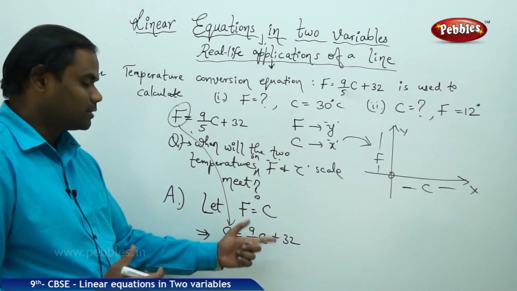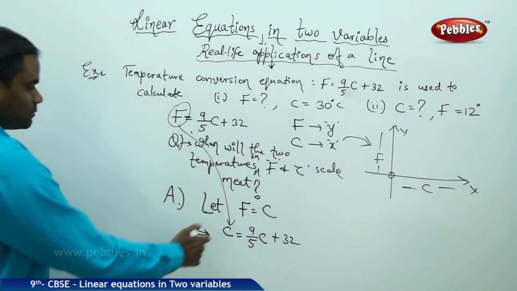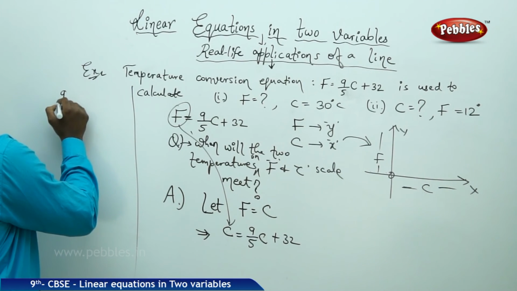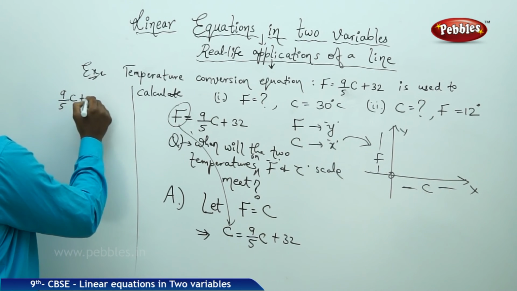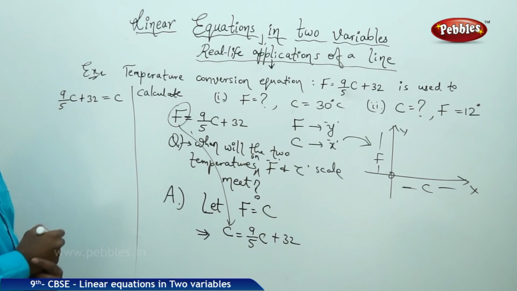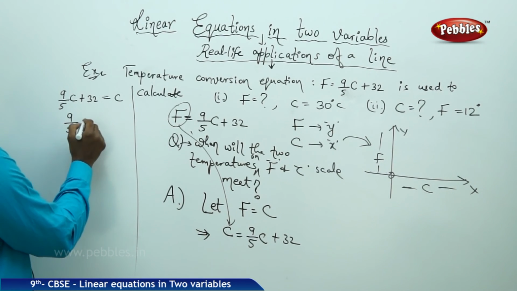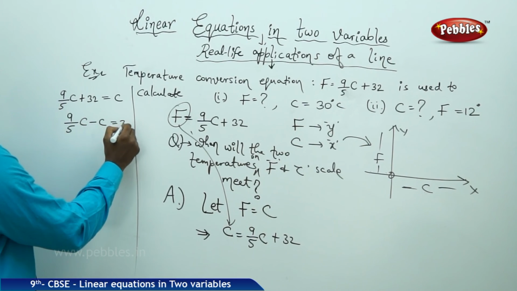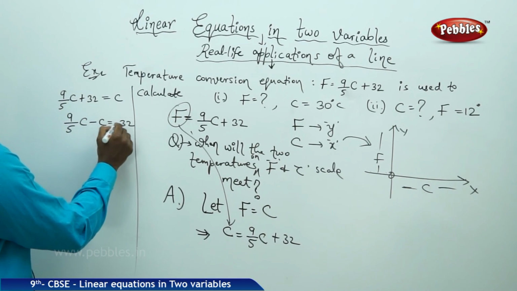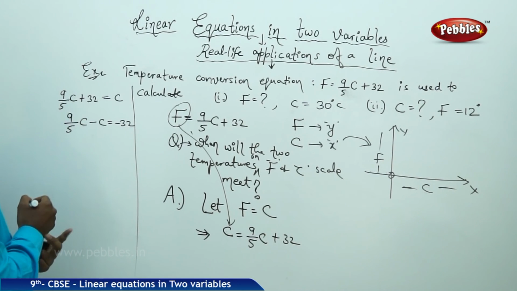Now let's find the value of c by taking all c terms to the left. So here I get 9 by 5 times c plus 32 is equal to c, which on further simplification gives 9 by 5 c minus c equals negative 32. 32 comes to the right as minus 32, c goes to the left as minus c.